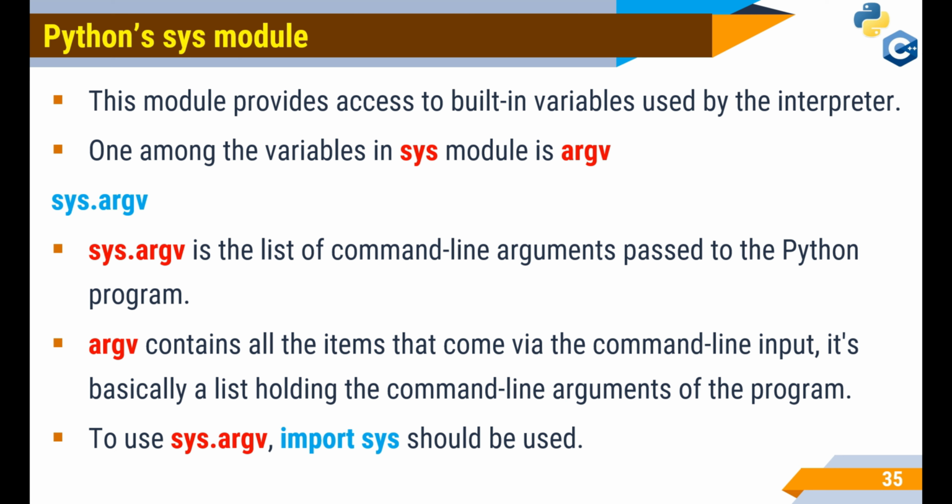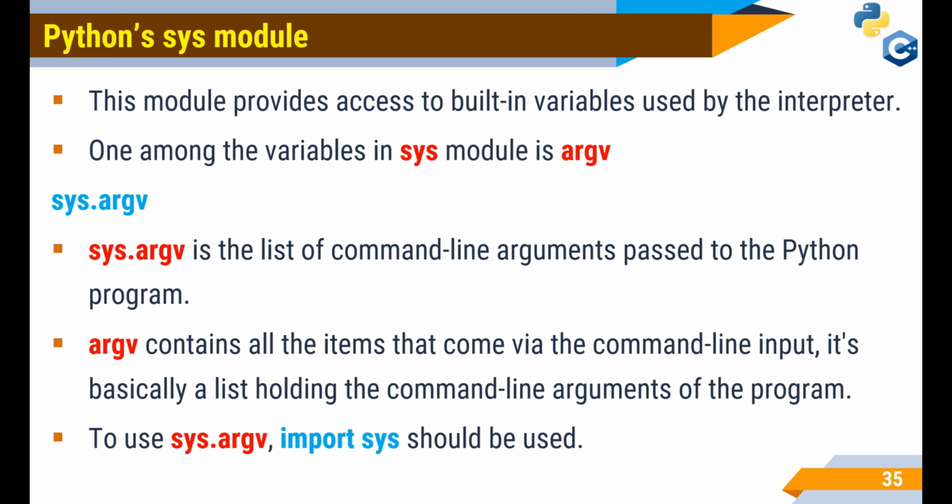Python sys module. This module provides access to built-in variables used by the interpreter. One among the variables in the sys module is argv. Here, sys.argv is the list of command line arguments passed to the Python program.